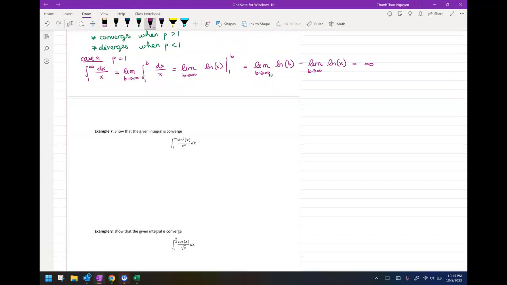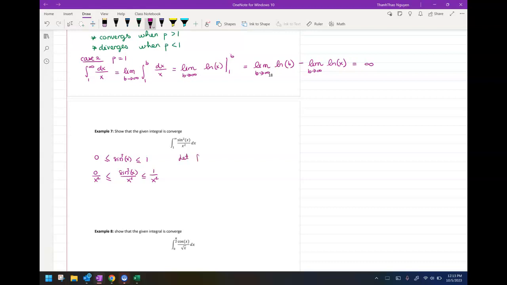So I can use the fact that sine squared of x is between 0 and 1. This means 0 over x squared is less than or equal to sine squared of x divided by x squared, which is less than or equal to 1 over x squared.